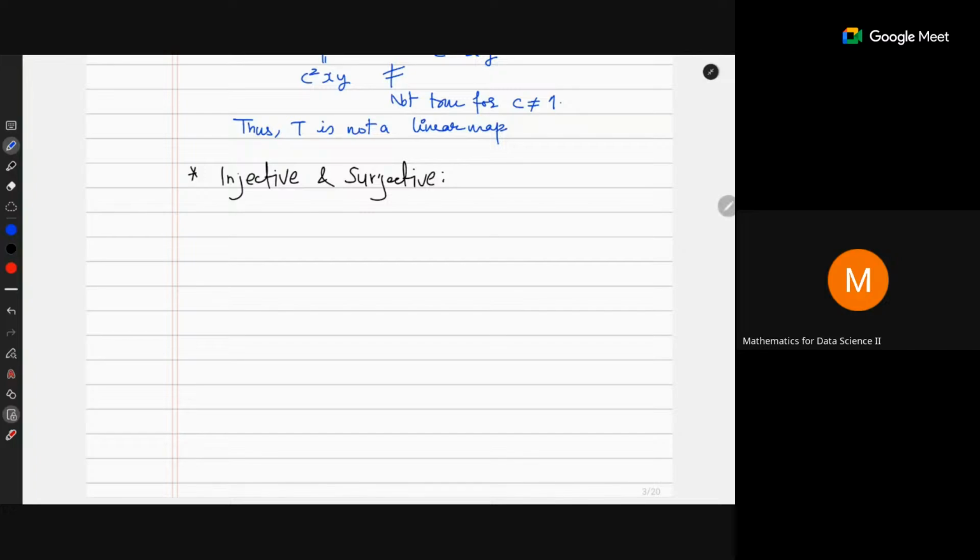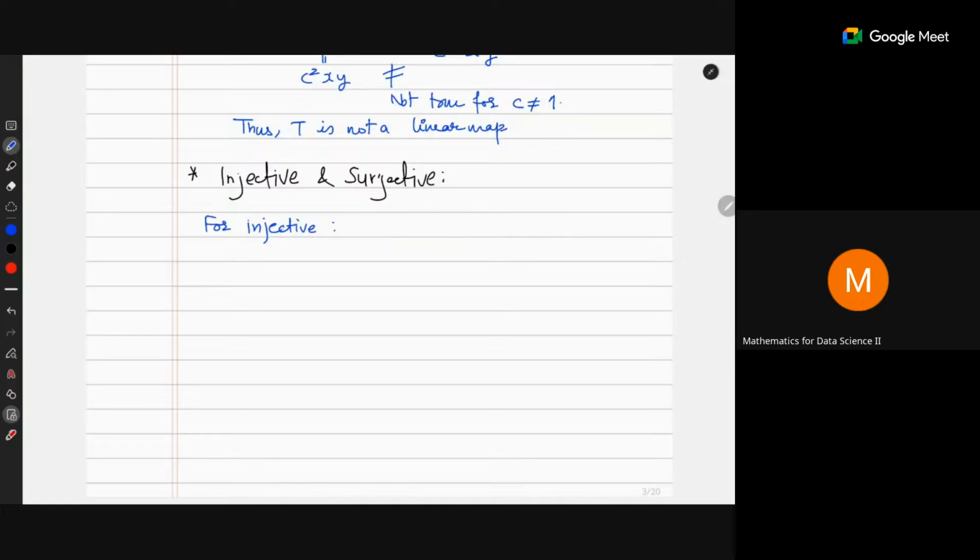So injectivity and surjectivity, I take the definition directly as it is from set theory. But for linear maps, injectivity is equivalent to T of V being 0 if and only if V is 0. Okay, this is what the injectivity definition is equivalent to in the case of linear maps.